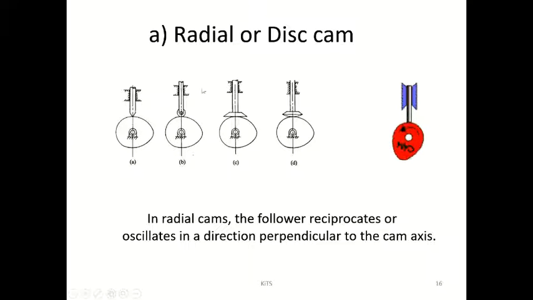In all four cases here, the axis of cam and the axis of follower meet each other. So this is called radial cam or inline cam, because both the lines meet with each other.